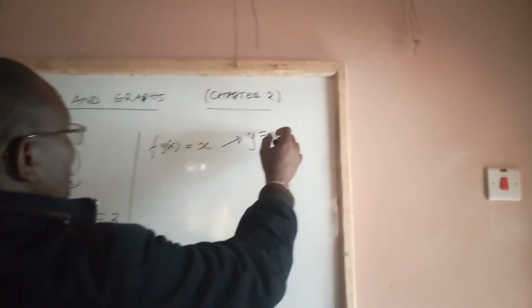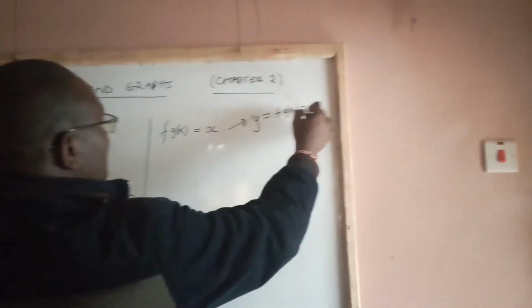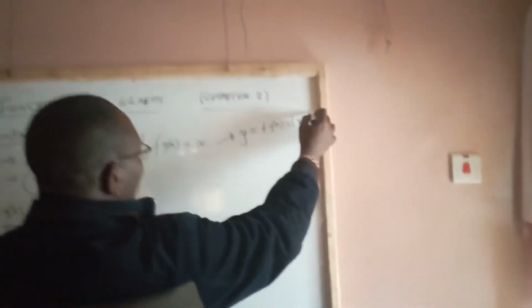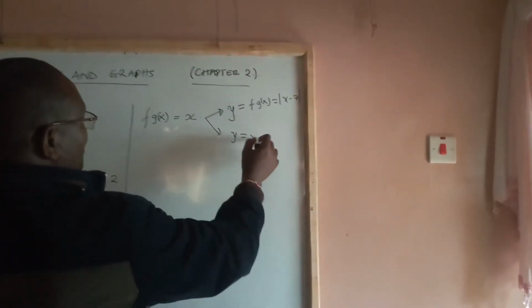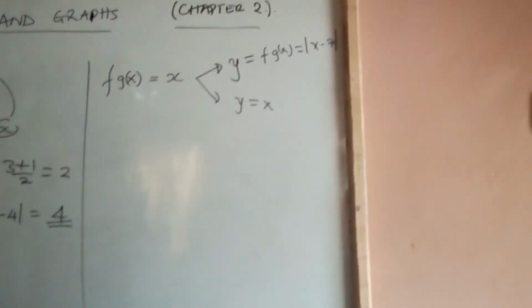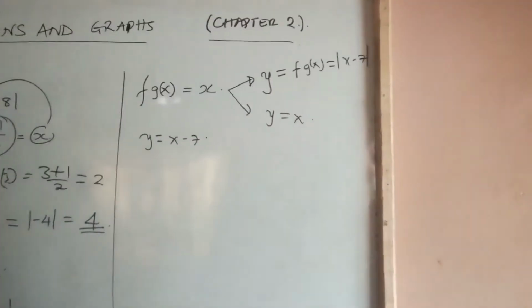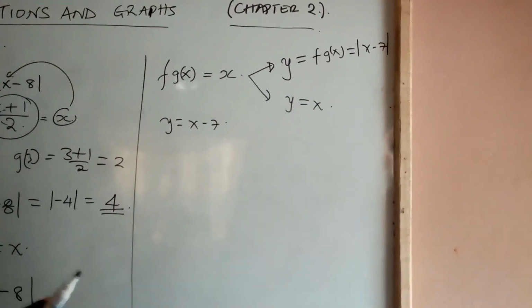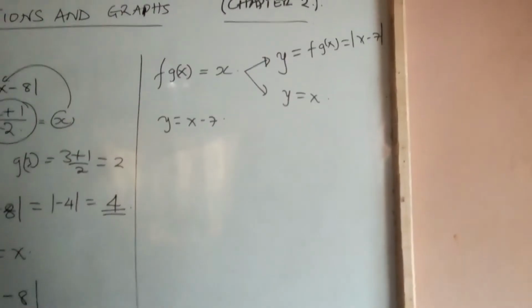One equation is going to be fg(x), which is the modulus of x minus 7, and another equation is going to be y equals x. We should solve those two equations, of course, graphically. If we start with this, let us have y equals x minus 7 before it is moduled, because modulus means it is going to be reflected along the x-axis.